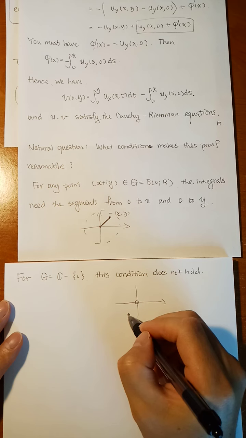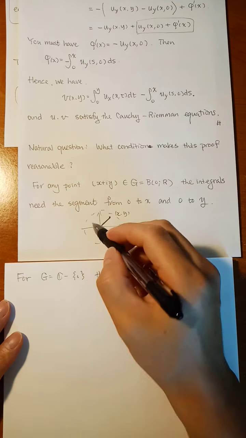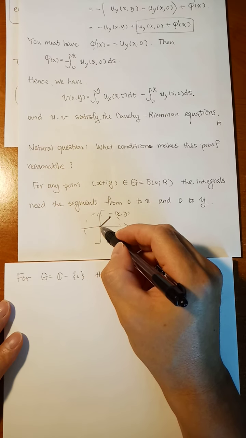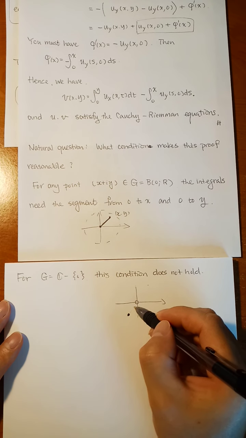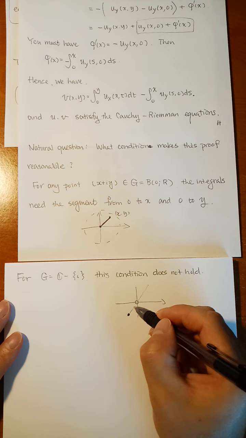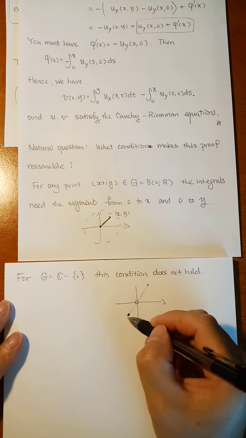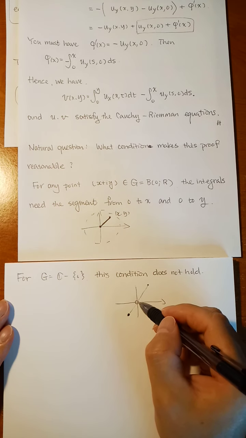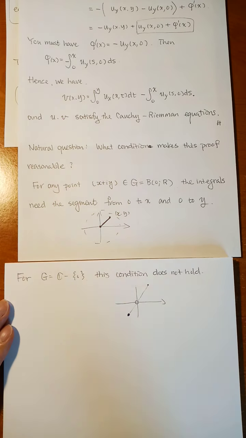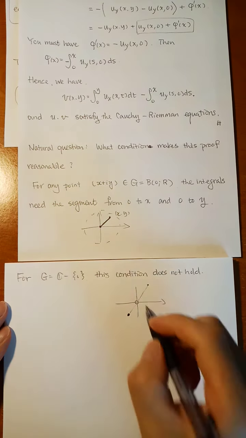For any base point, here we choose base point as (0,0), for any base point, assume this is another point. Then straight segment, you do the integral along this line. The integral over this line is undefined because this point is missing, right?